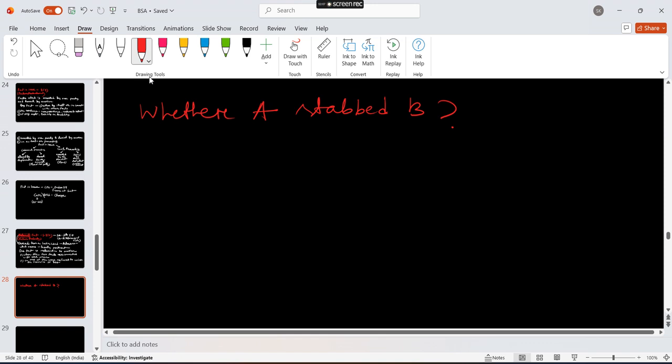Though people have not seen A stabbing B, A had been seen in the building of B with a blood-stained knife in his hand. That can be a relevant fact. And A and B had hostility between them prior to the death of B. That can also be a relevant fact.